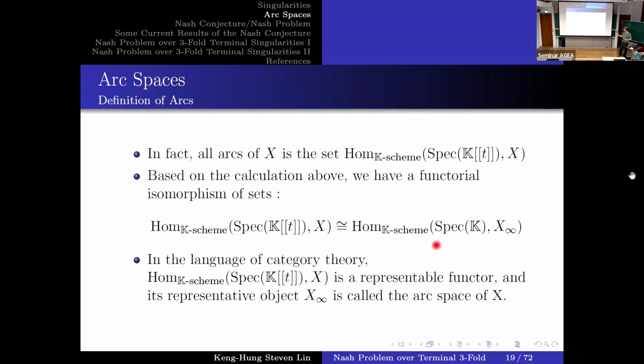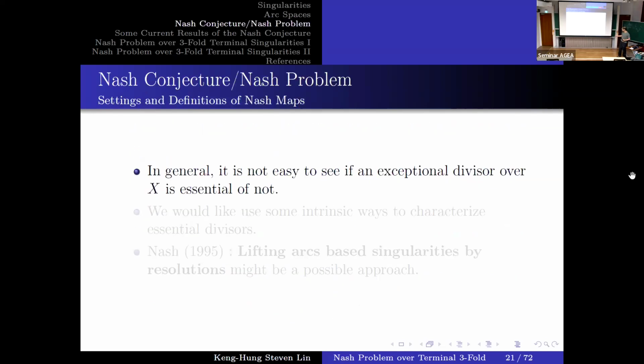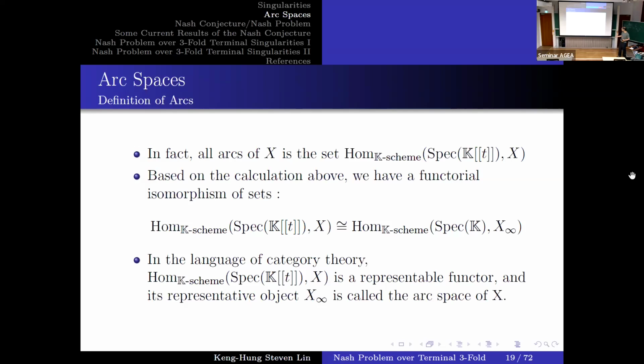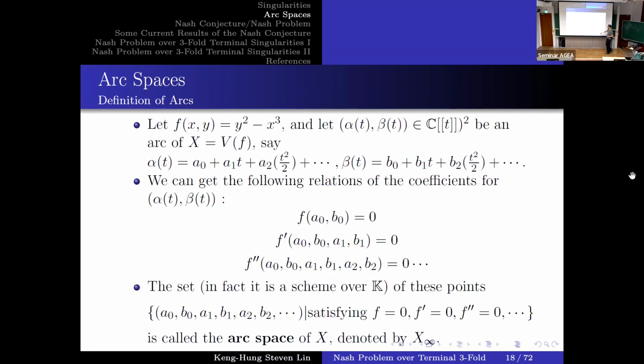If X is covered by a lot of affine charts, the structure sheet will be provided by the spec of K[a0, a1, a2, b0, b1, b2, ...] quotient by F, the gradient of F, the Hessian of F, the cubic and quadratic parts of F, and so on.